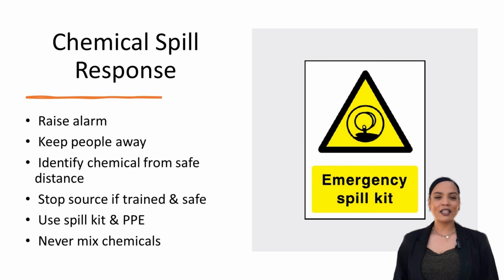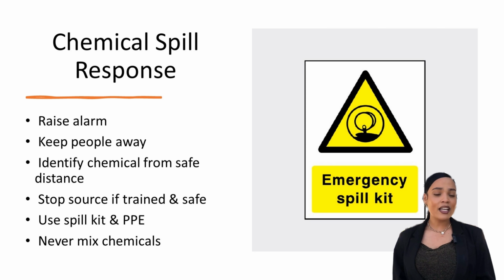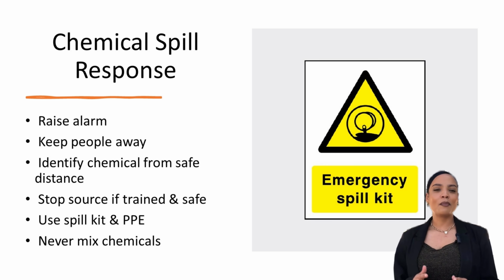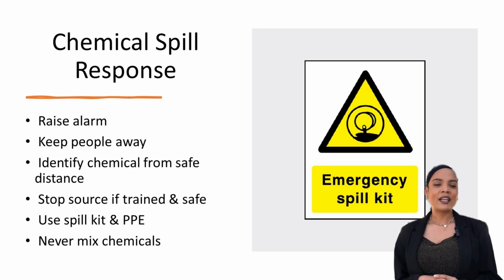When I encounter a spill, my first actions are: raise the alarm, keep people away, and identify the substance if possible from a safe position. If I am trained and equipped, I stop the source if it is safe: close a valve, upright a container, or hit an emergency stop. I use spill kits, absorbents, and drain covers as trained.